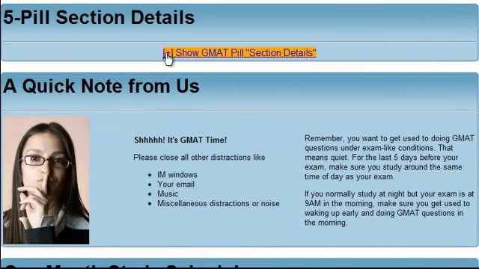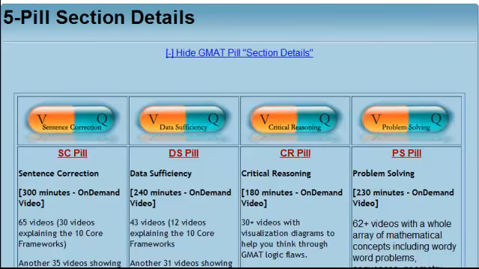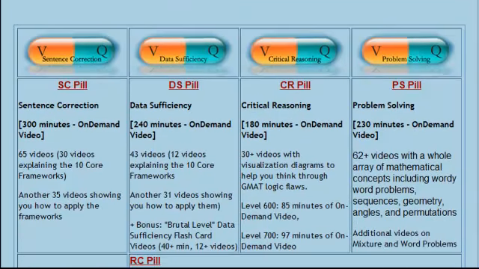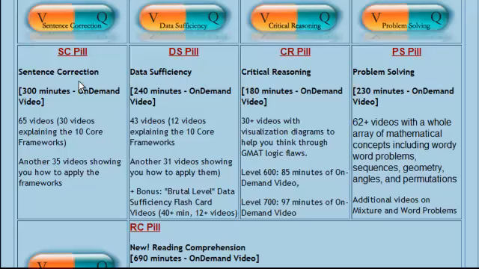Right here where it says 5 pill section details, this is a good overview of what's included with the course. In the sentence correction pill, for example, the whole thing is 300 minutes, which is about 5 hours of video.